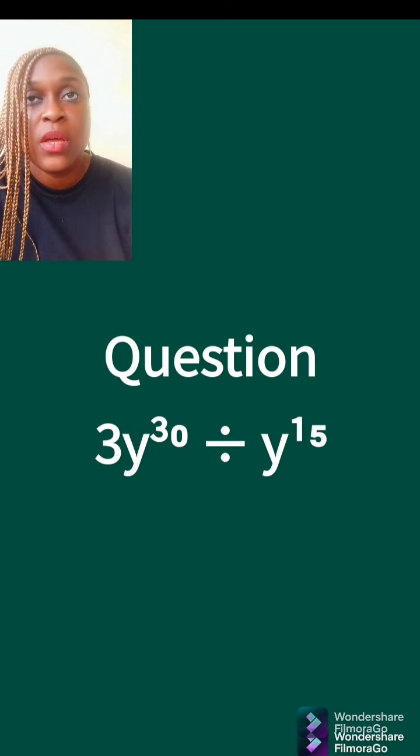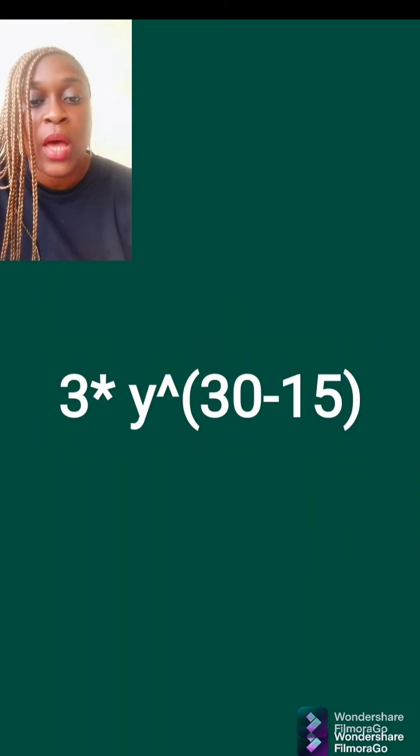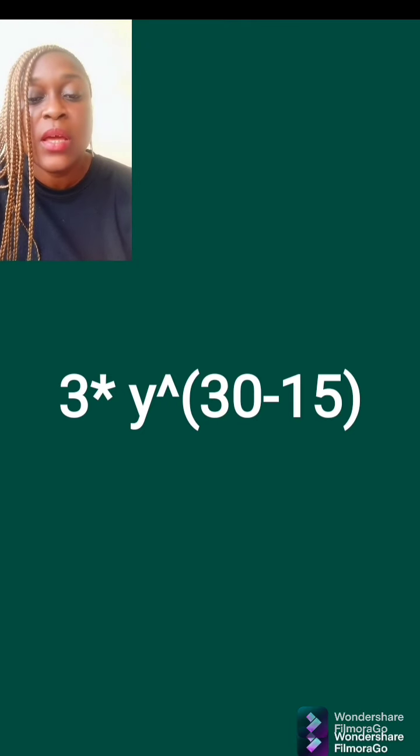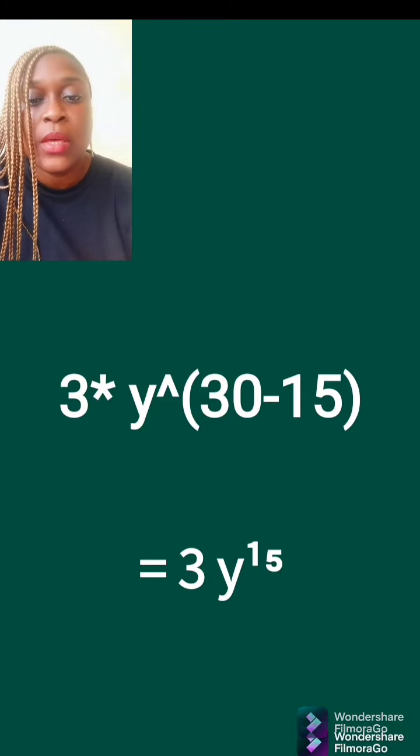So we'll say 3 times y raised to power 30 all over y raised to power 15. So we'll isolate 3, so we'll have 3 on one side, and then we'll open a bracket and we'll write y raised to power 30 minus 15, bracket close. So we'll have our final answer as 3y raised to power 15.